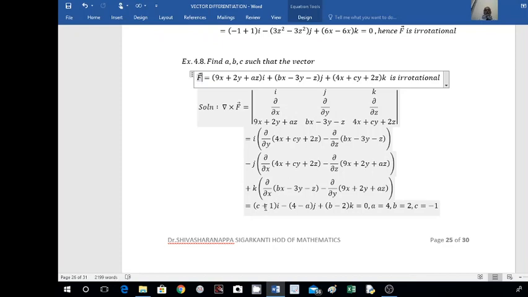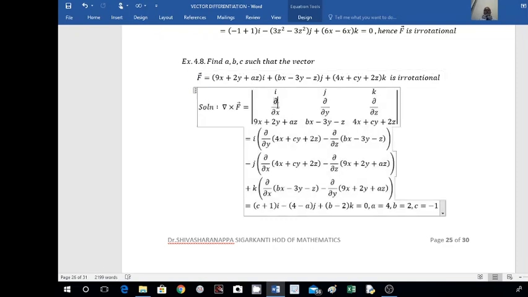So minus of minus becomes plus 1. Minus j into dou by dou x of this term, 4x, derivative is 4, minus dou by dou z of this term, which is a, so 4 minus a. Plus k into dou by dou x of this term, which is b, minus dou by dou y of this term, which is 2. This is equal to 0.